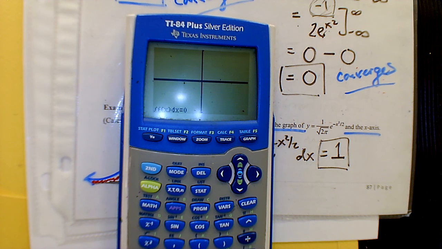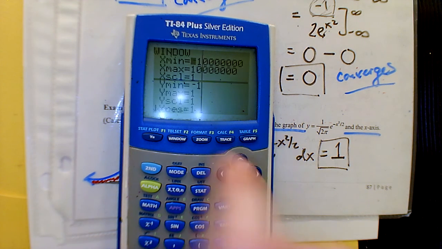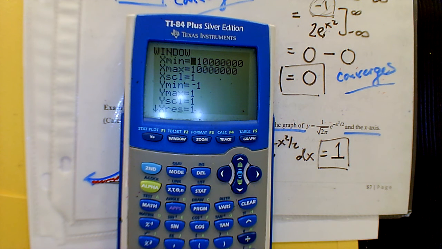It still gives you 0. Craziness. Okay, I'll have to look. So if you change the bounds to the bigger number, you get 0. But we know that's not true, right? Because it's still the same graph, it's just the window's different, exactly.